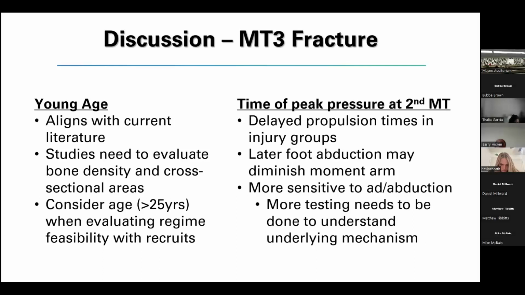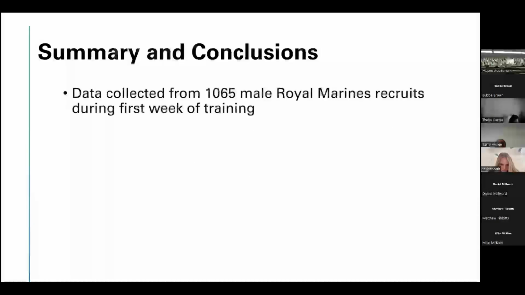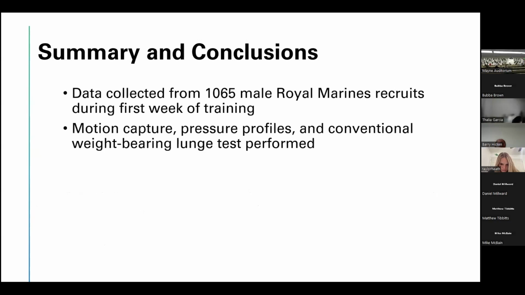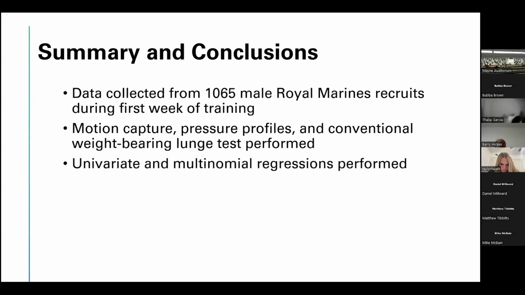So to reiterate or wrap things up, data was collected from 1,065 male Royal Marine recruits during their first week of training. They collected motion capture data, pressure profiles, and then conventional weight-bearing lunge test data. From this, they did univariate and multinomial regression models.